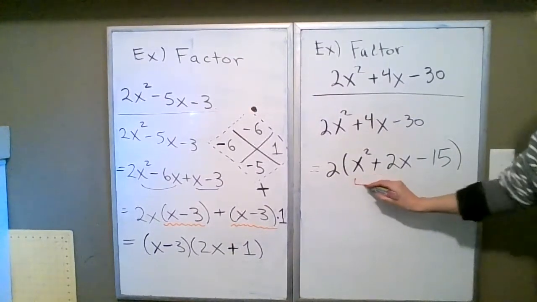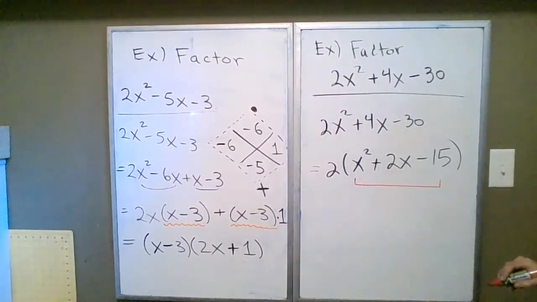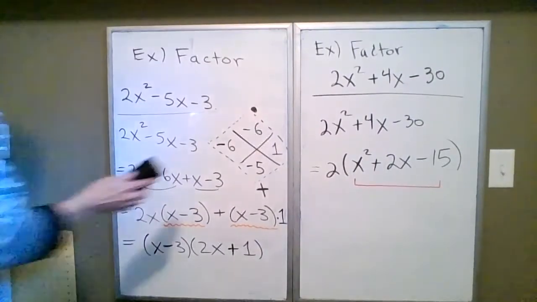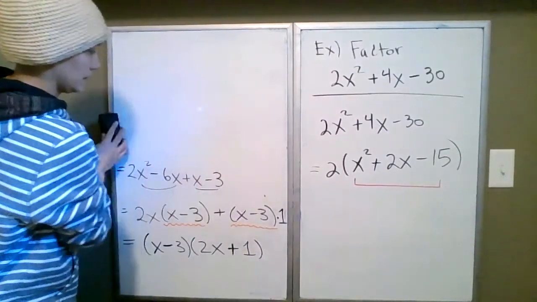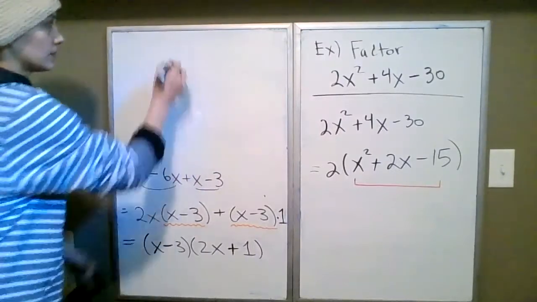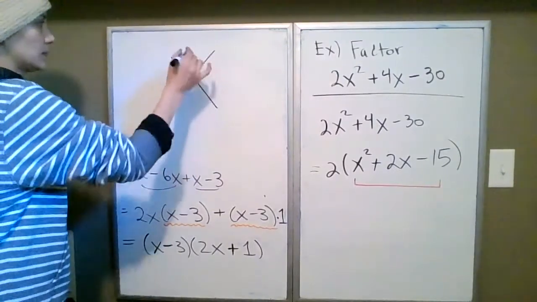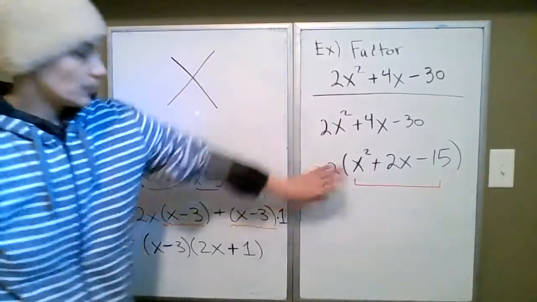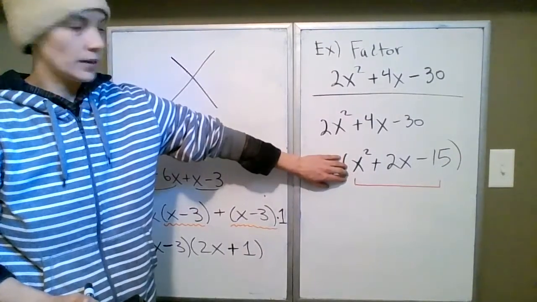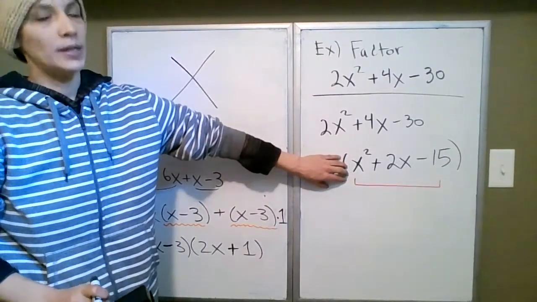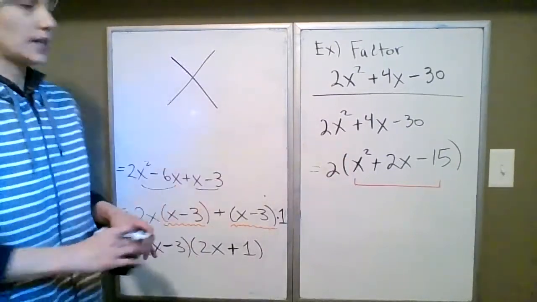So we're going to do a diamond for this stuff in here. So we don't want to forget this 2 being multiplied out front, but right now for factoring, we're just looking at this part where the first number is 1, multiply with the last number negative 15, and put that in the top.